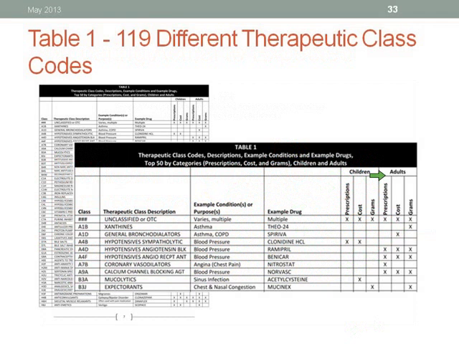In each case, it's the therapeutic class, a little description, an example condition, an example drug, and then where that therapeutic class shows up. So you would refer back to table 1 as you were looking at your particular county, for example.